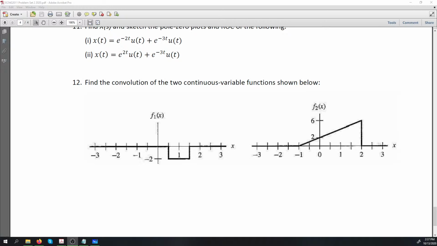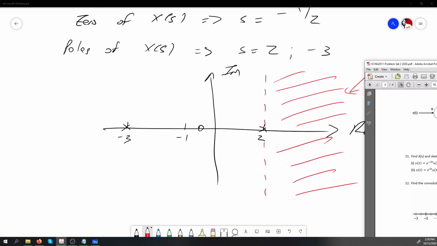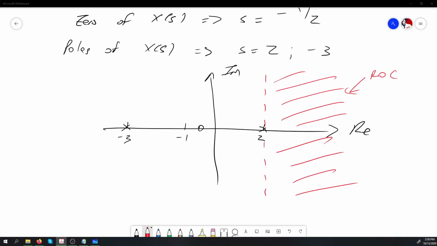Okay, so we're moving on to question 12 here. Question 12 basically gives us an f1 of x signal and an f2 of x signal, and we need to find the convolution of these signals. I want to carry this across because I'm going to need the signals for my sketches.